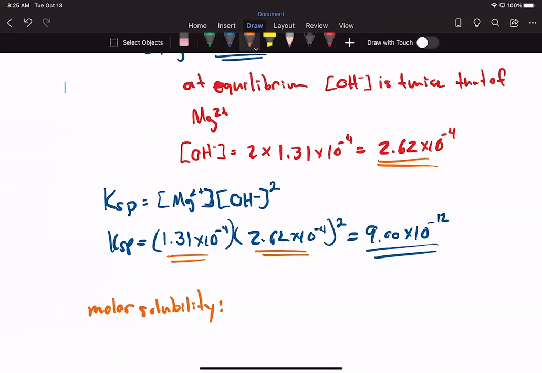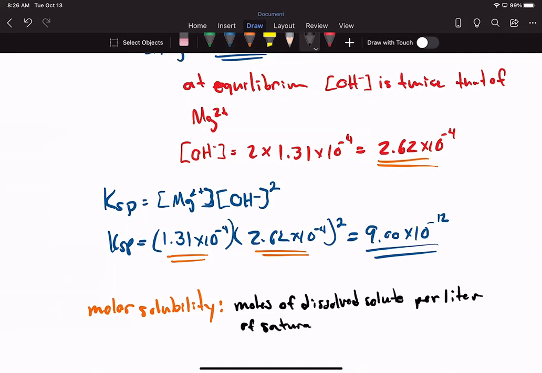Molar solubility are the moles of dissolved solute per liter of saturated solution.